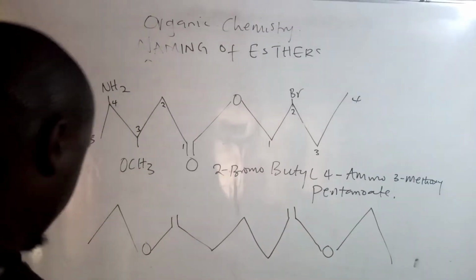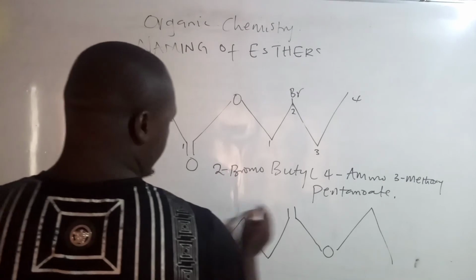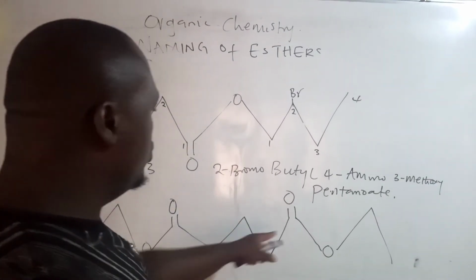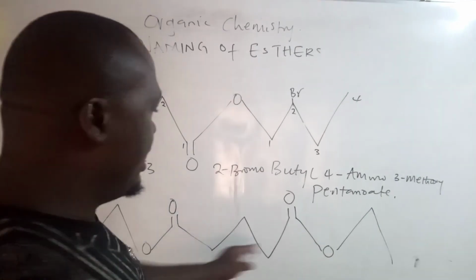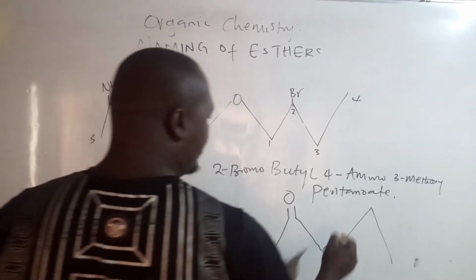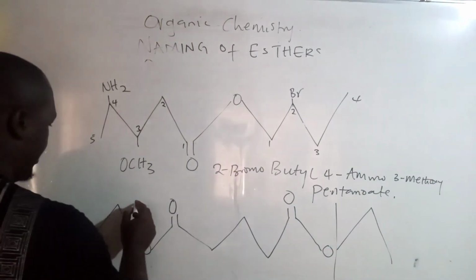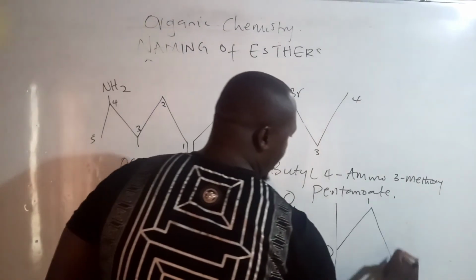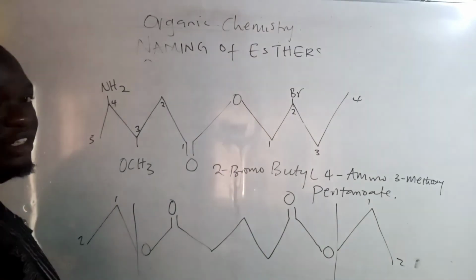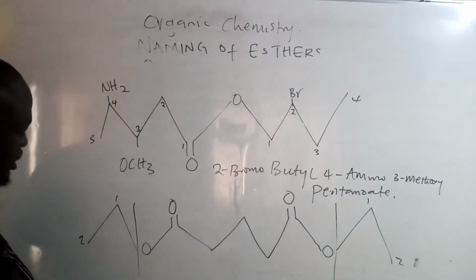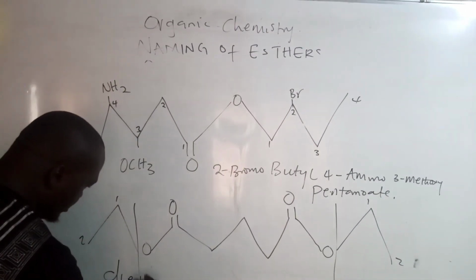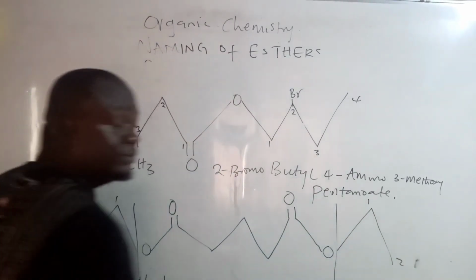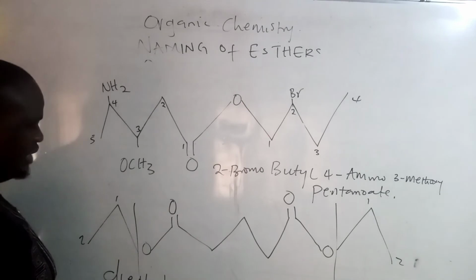Now, the name of this compound. Look at this. We have 2 of the functional group here and here. So remember, you have to name this side and name the other side. So here is 1, 2. So here is 1, 2. So we have 2 of the ethyl. So this is diethyl. This is diethyl because there are 2, right? Now look at this thing.